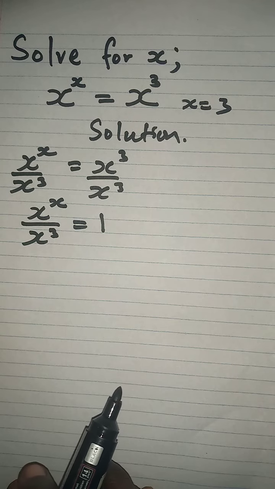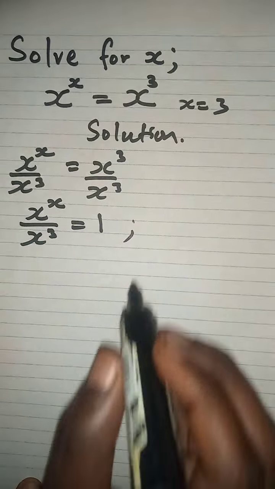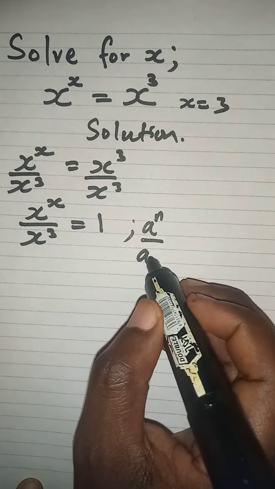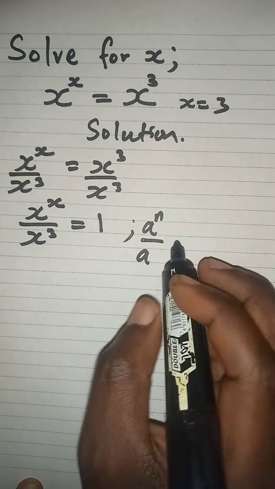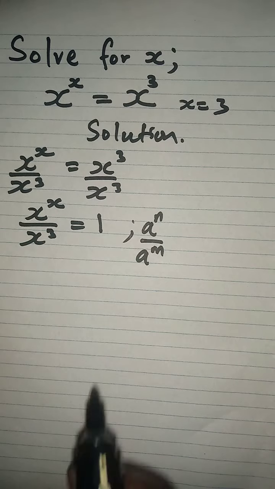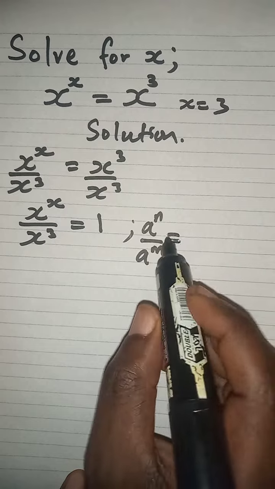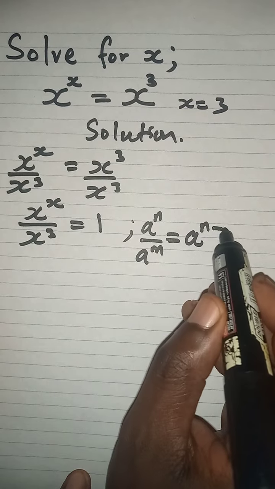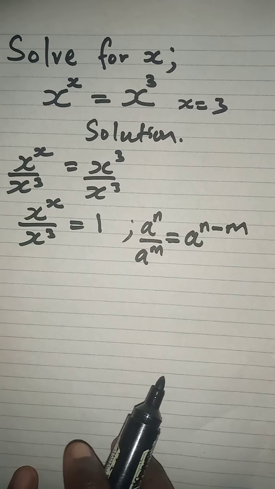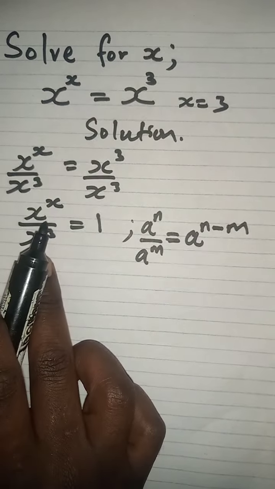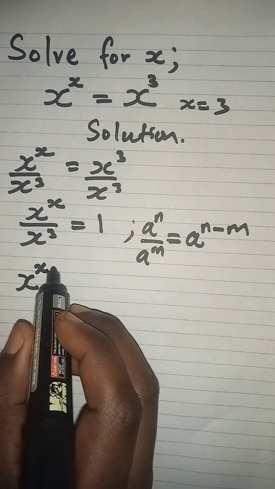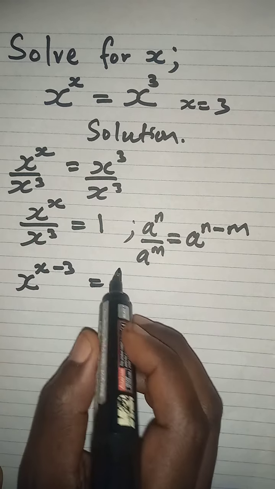Remember that a to the power n over a to the power m simplifies to a to the power n minus m, since the powers are being divided. So it changes to x raised to x minus 3 is equal to 1.